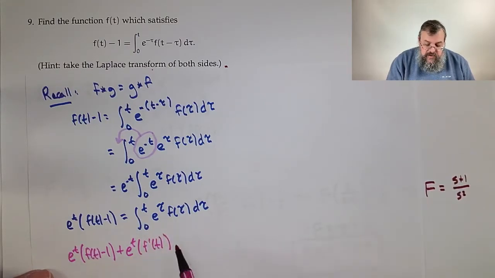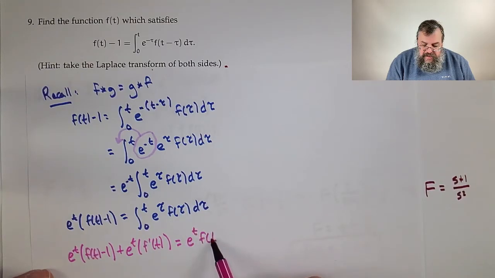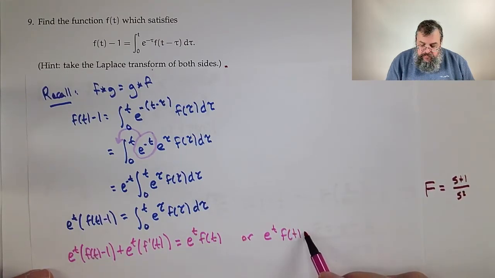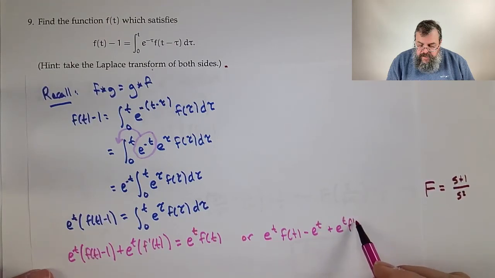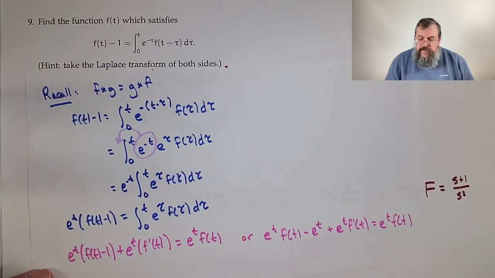So the derivative of the left equals the derivative on the right. And the fundamental theorem of calculus says if I take the derivative of an integral, I get the function e to the t f of t. So you get e to the t f of t minus e to the t plus e to the t f prime of t is equal to e to the t f of t.